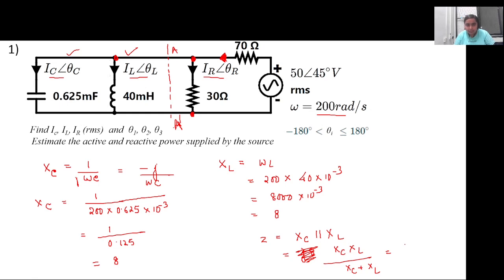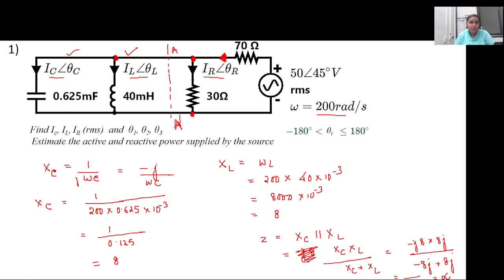So XC is minus j into 8 and XL is j into 8, over minus 8j plus 8j. So the denominator here cancels. It becomes something by 0, which is equal to infinity, right?